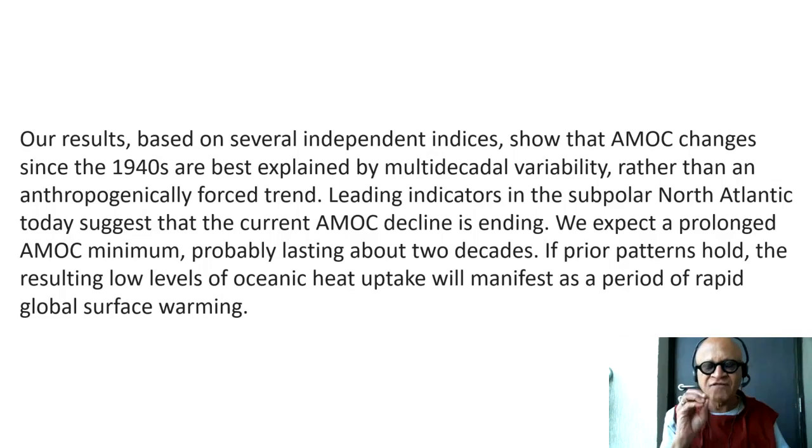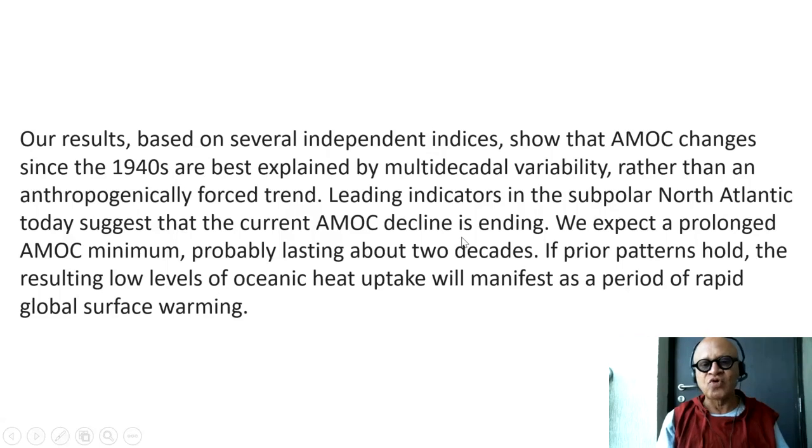So anthropogenic forcing, which is appearing in ocean heat content, glacier melt, increased temperatures, water vapor, sea level, etc., is affecting the AMOC differently. Rather than an anthropogenically forced trend, the leading indicators in the subpolar North Atlantic today suggest that the current AMOC decline is ending.